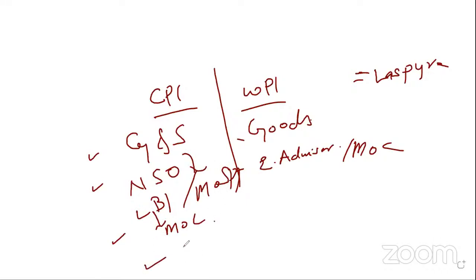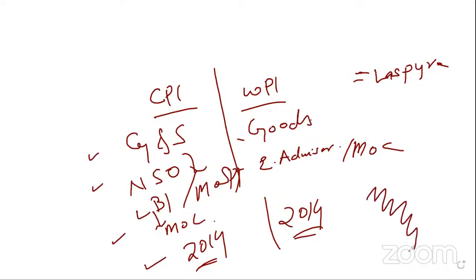Then from 2014, we are using CPI. Before we used to use WPI. Why? Because the fluctuation in food is more prominent in WPI, and if so much fluctuation is there, we can't make proper policies. So we have shifted to CPI.